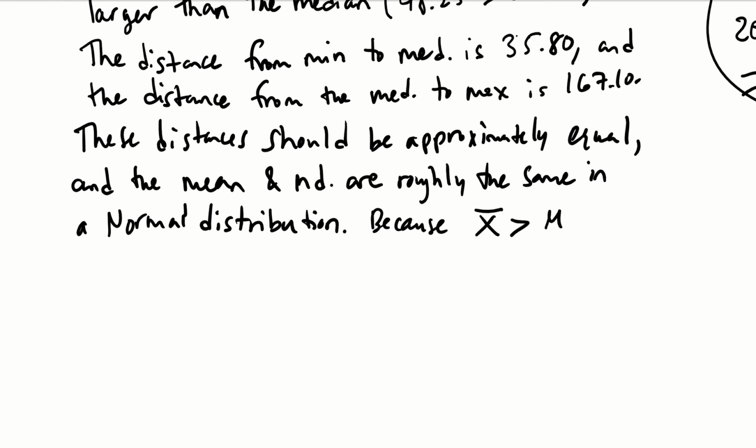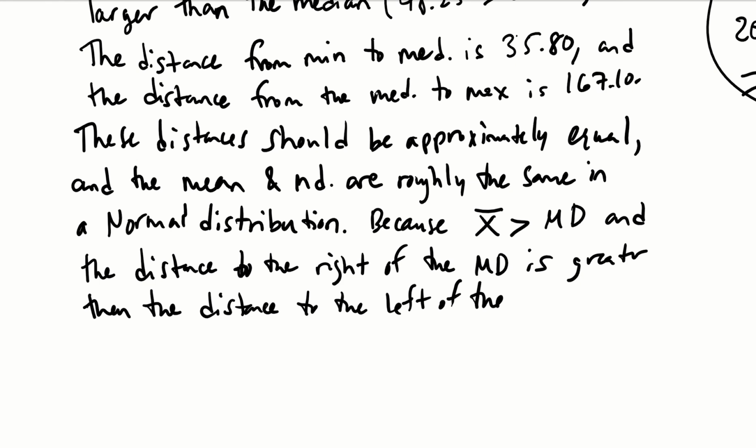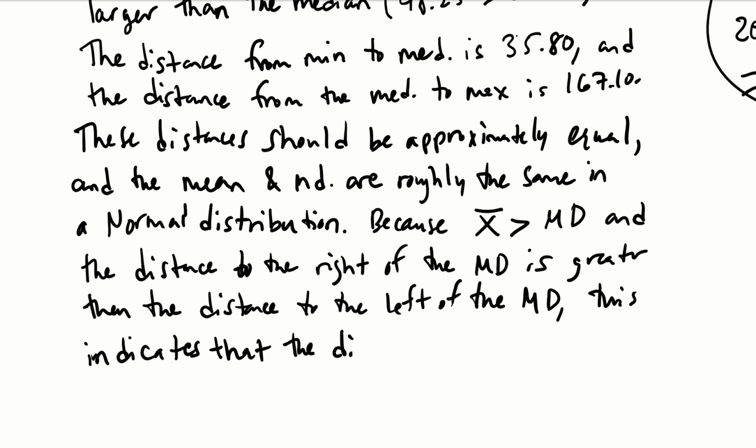Because the mean is greater than the median, and the distance to the right of the median is greater than the distance to the left of the median, this indicates that the distribution of oil recovered, again, I'm introducing the context.